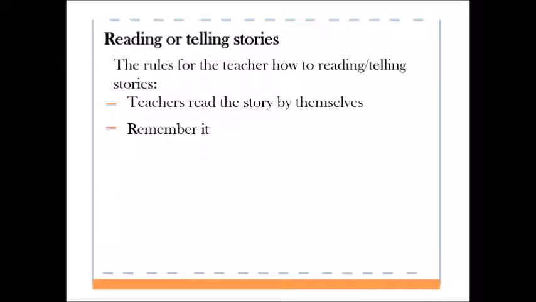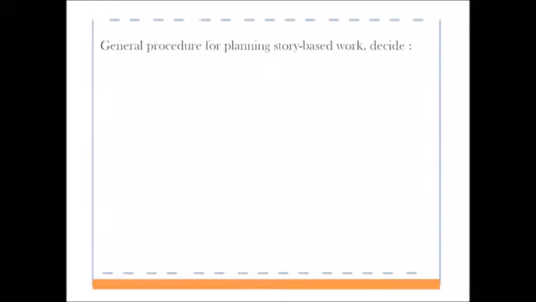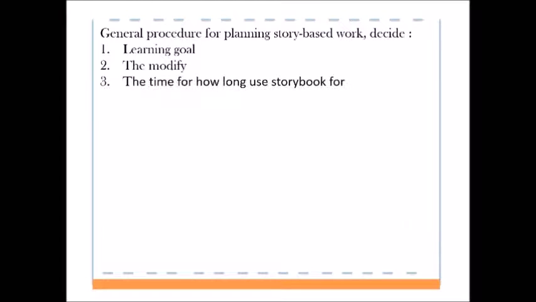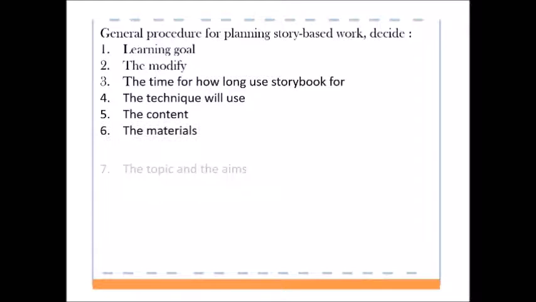And the next is the general procedure for planning story-based work design. The first is decide learning goals, including linguistic, cultural, curricular, and citizenship outcomes. The next is decide if you need to modify the story in any way, and then decide how long you will spend on the storybook, and then decide the technique, content, material, and how to explain the aim.